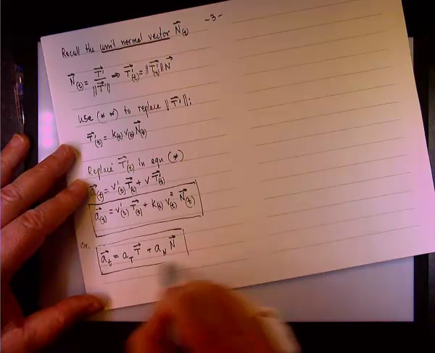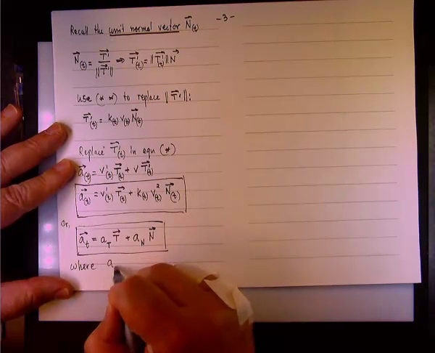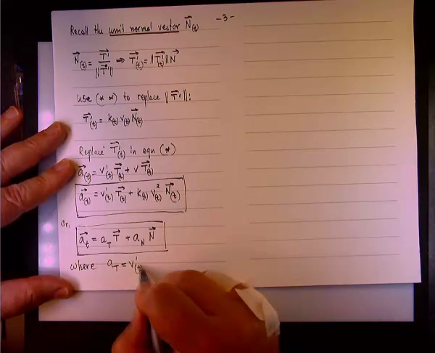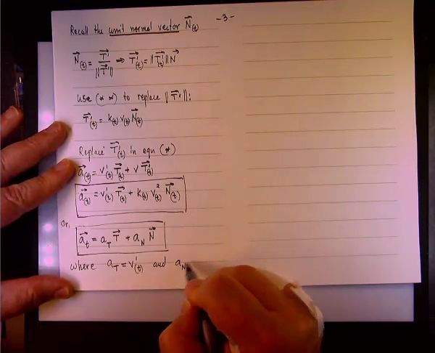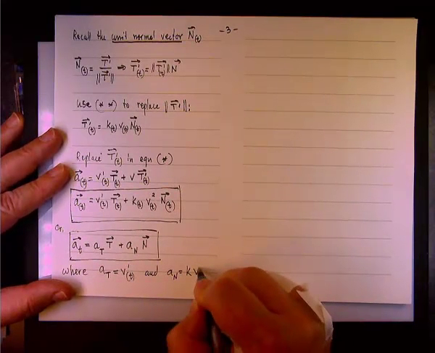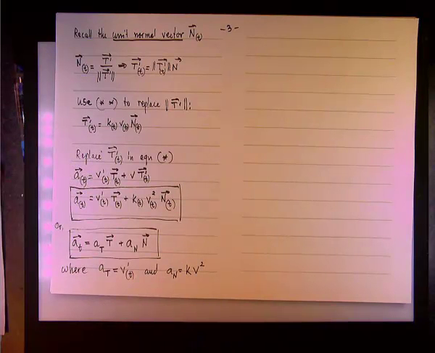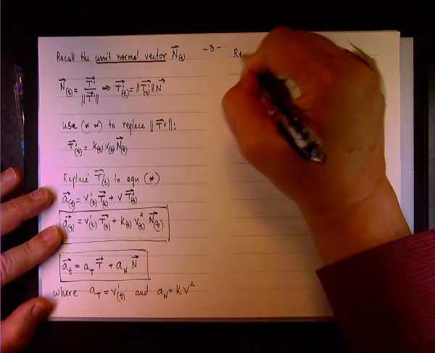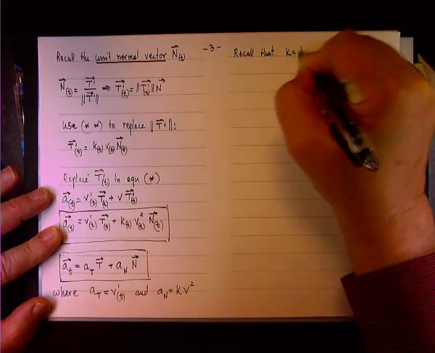So now we can write a of t equals a scalar component in the tangential direction, like so. Remember, this is not a constant, it's a function of t, plus a normal component of the acceleration in the normal direction. Okay?